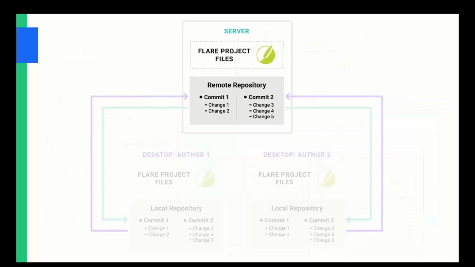So you've got a remote repository, which you see at the top in this graphic. Remember, you've got the copy of your project files up on the server where you've set it up, and it's all represented by this square or rectangle that you see up here. And there's a repository that's associated with those Flare project files. That's your remote repository.